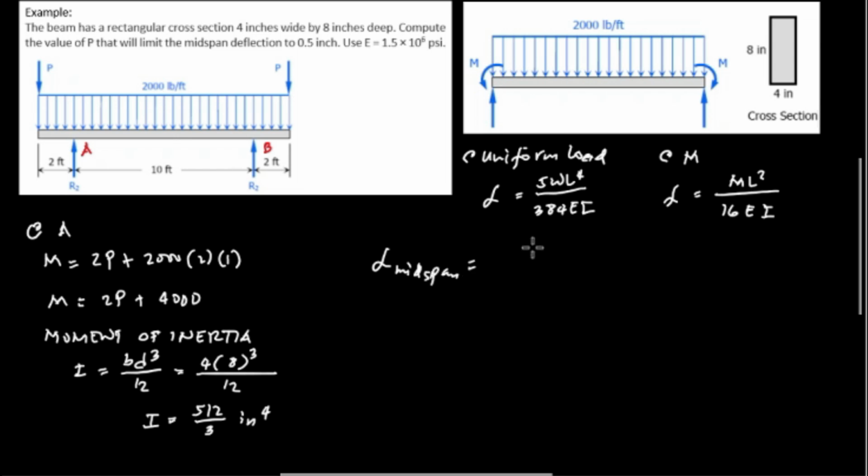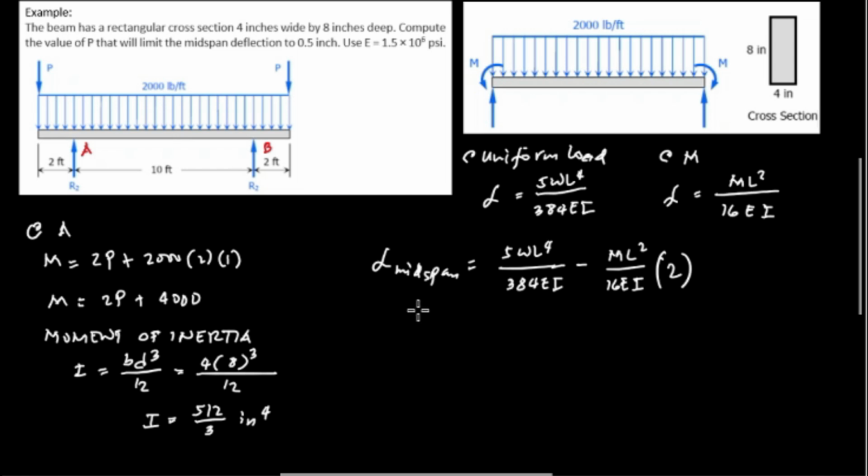To find the deflection at midspan using the method of superposition, the deflection at midspan is equal to the summation of all deflections. We have the deflection for uniform load, so that's 5wL to the power 4 all over 384 EI, and the direction is downward, while for the end moment at the left, the deflection is upward, and we will designate that the opposite sign should be negative, so that's ML squared all over 16 EI, and this is for the left end moment, while the end moment at the right direction is clockwise, and this will be multiplied by 2.